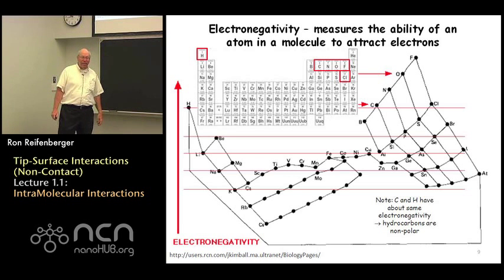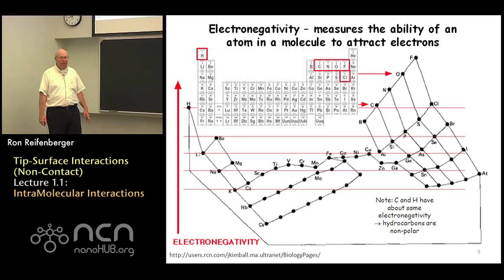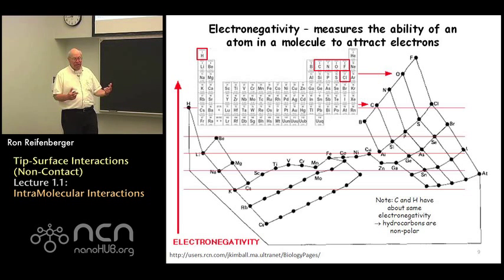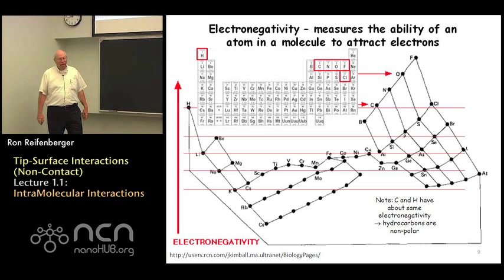So fluorine and oxygen and nitrogen protrude up higher than all the other elements. They have the highest electronegativities. And you can very easily compare electronegativities of different elements by just referring to their relative positions in this particular chart. I've indicated some horizontal red lines that are more a guide to the eye.